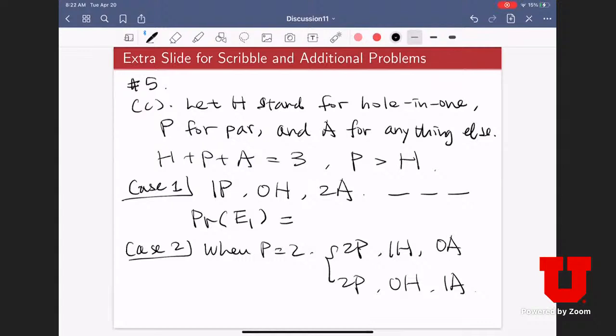Think about this as having 3 spots that need to be occupied. What you can do is pick 1 out of 3 to place your P, and then the rest 2 are going to be anything else. And then you also need to multiply their probabilities.